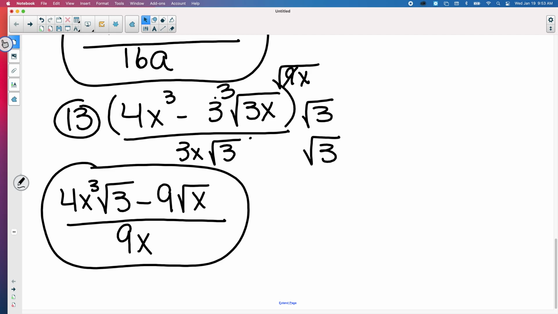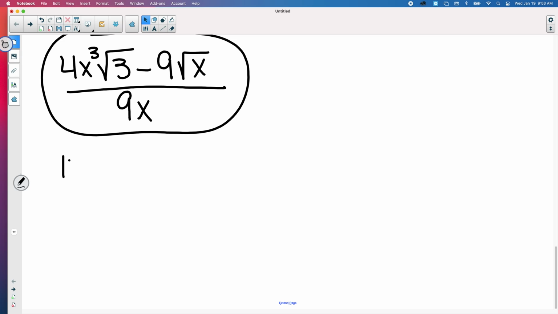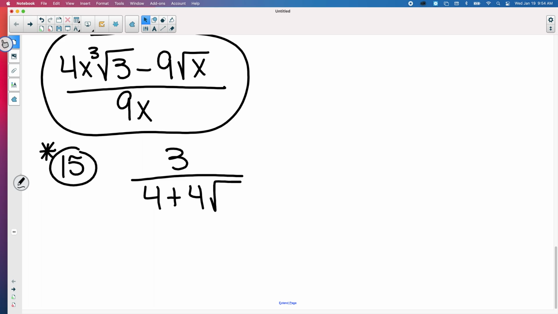All right, let's skip down to, well, let's do 15. You might want to put a star by this one. 80% of you will do this wrong when we test over it for some reason. I'm not sure why. Okay. When you have addition or subtraction on bottom, you have to multiply top and bottom by what's called the conjugate.